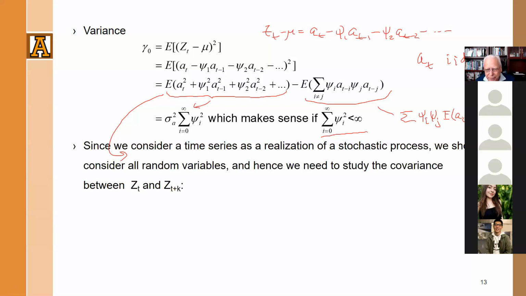Okay, since we're considering that the time series is a realization of a stochastic process, we should consider all random variables, and hence we need to study the covariance also for its second moment. So we need to study the covariance between Z_t and Z_{t+k}, or Z_t and Z_{t-k}.